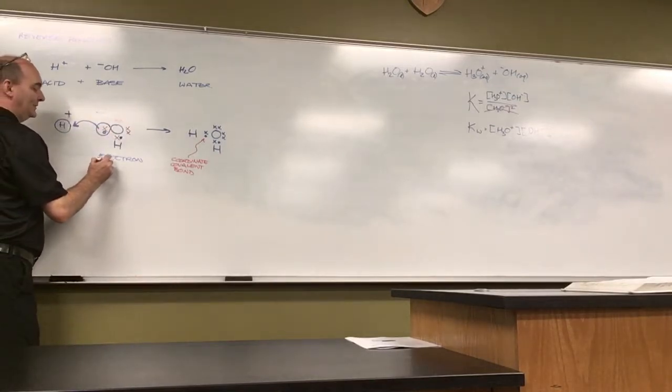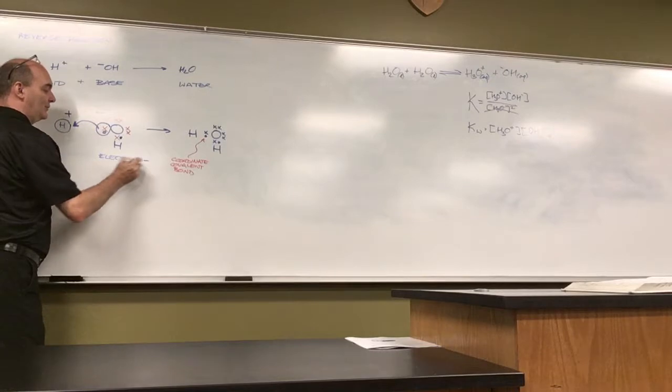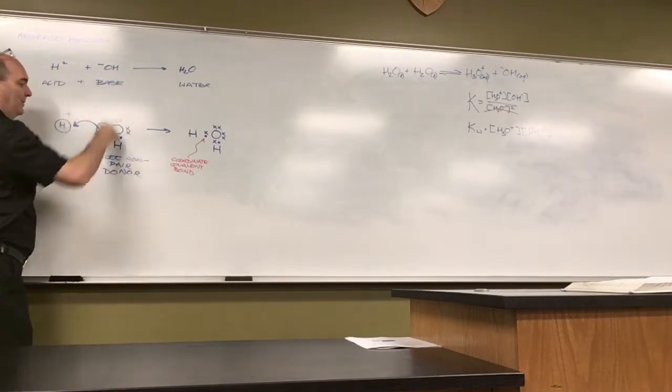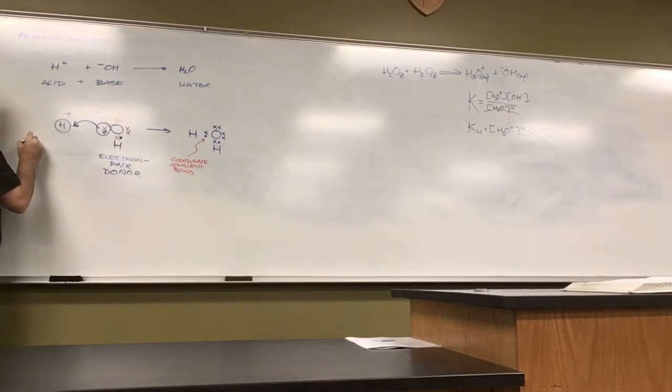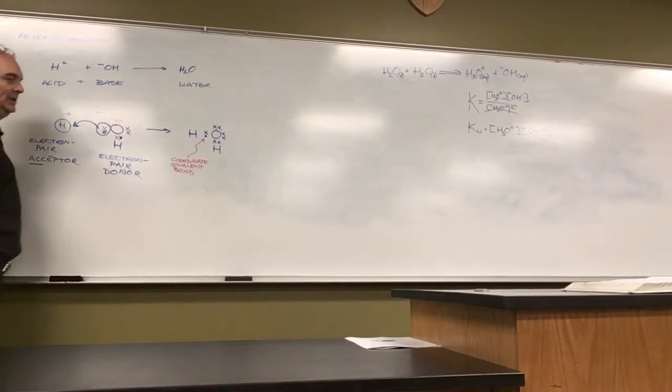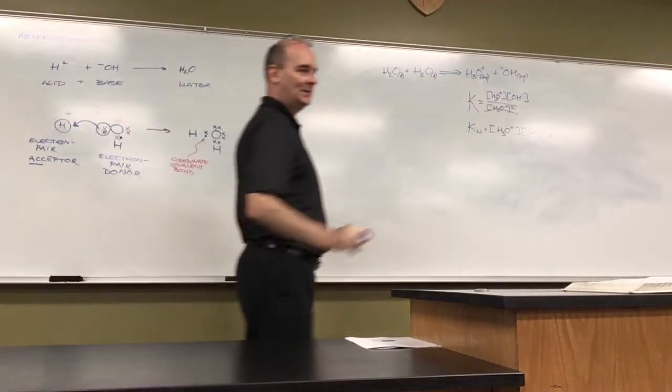This is a base. It is an electron pair donor. That's the base. Here's the acid. It is an electron pair acceptor. Okay. AC, acceptor, acid.